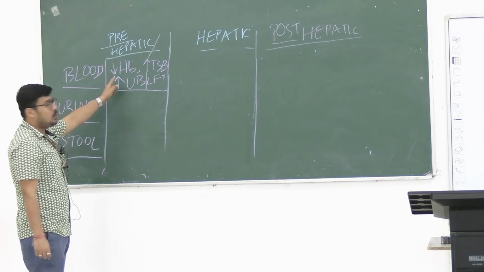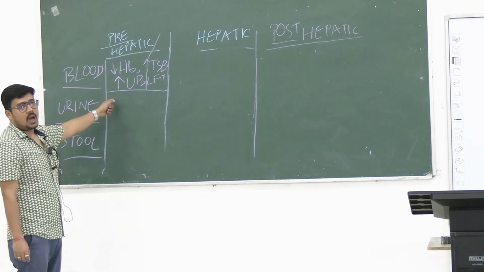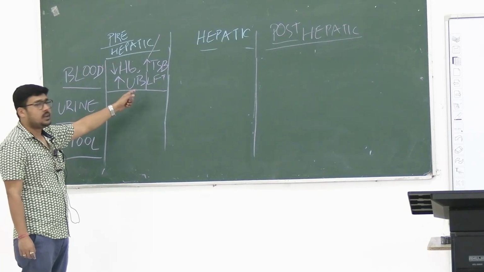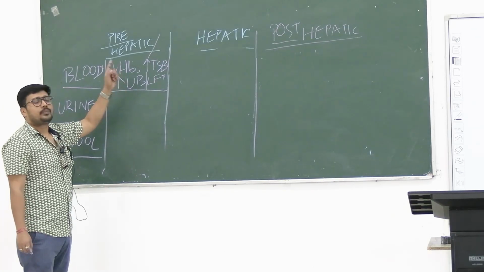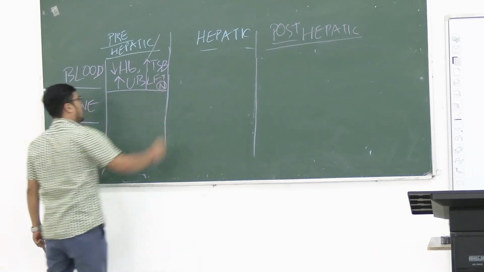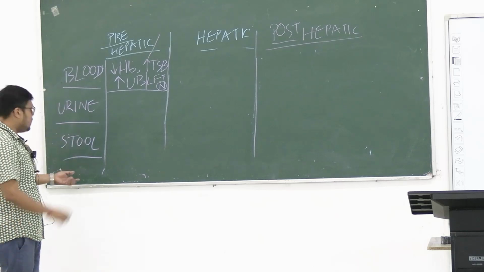So low hemoglobin due to hemolysis, total serum bilirubin will be increased, and the unconjugated bilirubin portion of that total bilirubin will be increased as well. Liver function test normal.